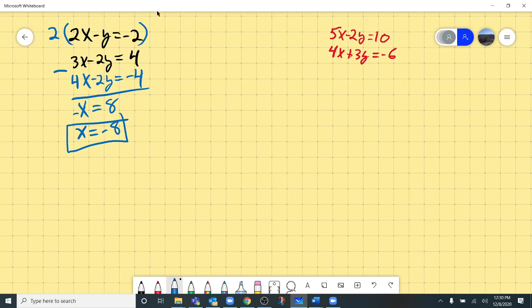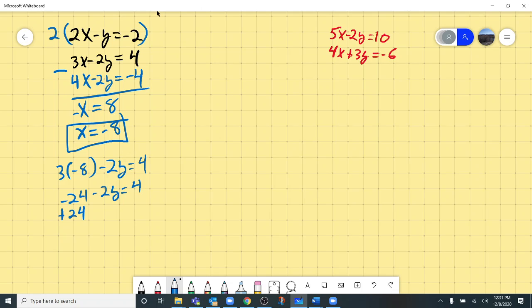So if x equals negative 8, we can plug that back in to any of these three equations, the 2x minus y, the 3x minus 2y, or the 4x minus 2y. Whichever one you want, it'll work for any of them. Let's just plug it into the second one. 3 times negative 8 minus 2y equals 4. So that would be negative 24 minus 2y equals 4.